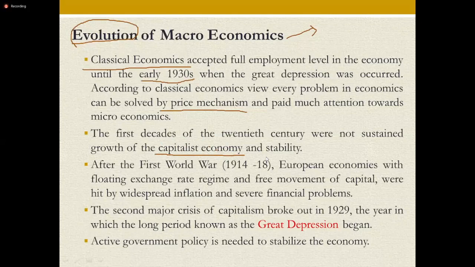No any government intervention was there, right? The entire economy was governed by supply and demand forces, right? In 1930s, that economy was there, right? But after the completion of the First World War, from 1914 to 1918, right?